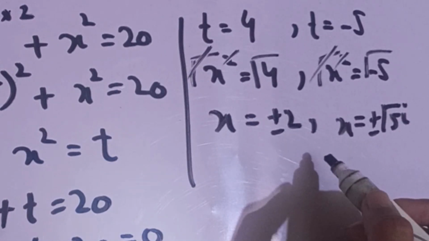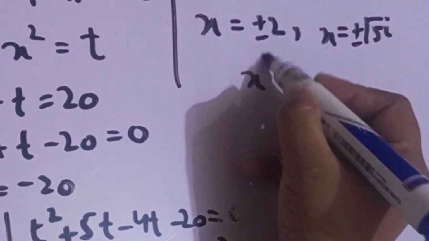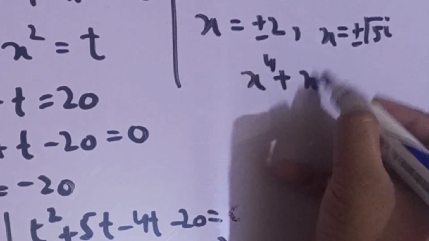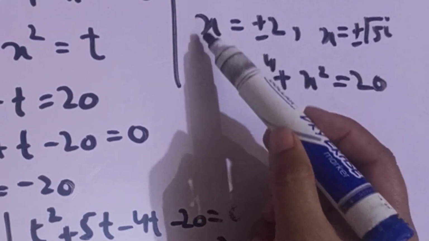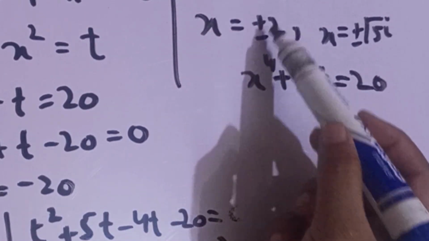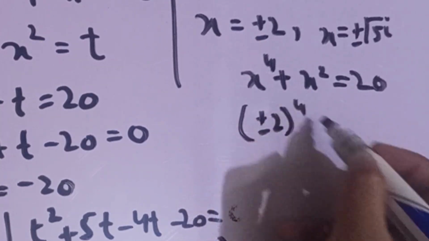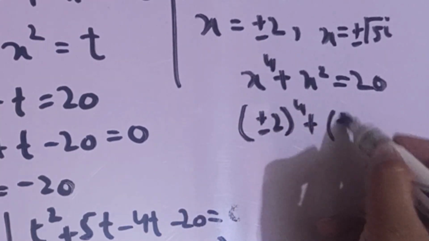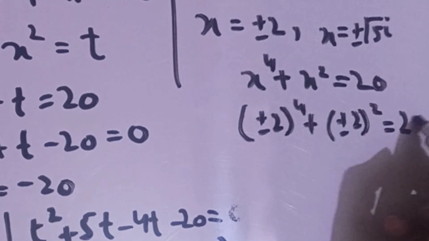Now we verify these answers one by one. Our equation is x raised to the power 4 plus x square is equal to 20. First of all we verify for x is equal to plus minus 2. So this is plus minus 2 raised to the power 4 plus plus minus 2 raised to the power 2 is equal to 20.